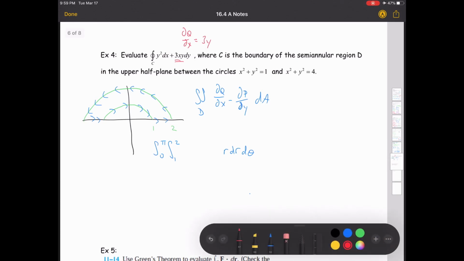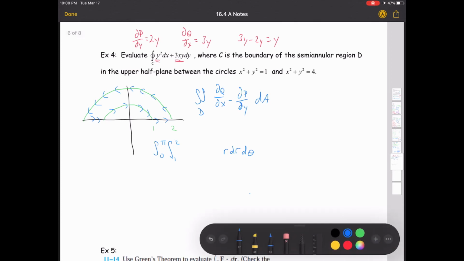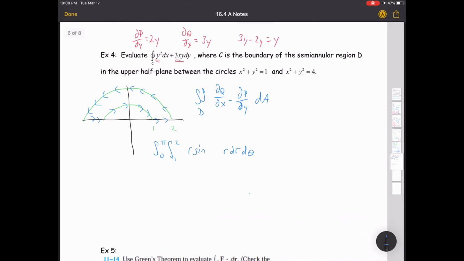And this one right here is P, so we need dP/dy with respect to y, which is going to be 2y. So dQ/dx minus dP/dy, well, that's 3y minus 2y, so that's just y. And then y, in terms of polar, is r sine theta.